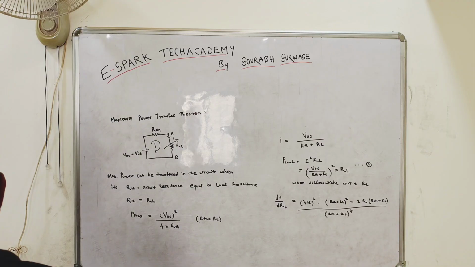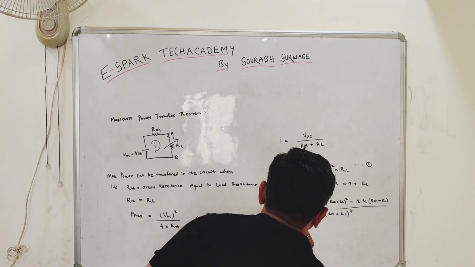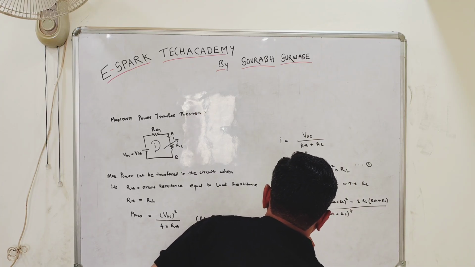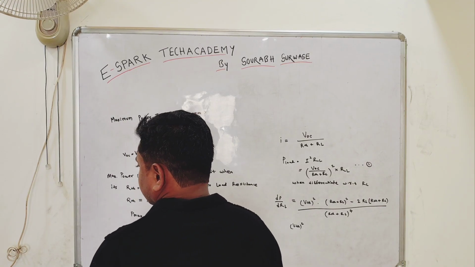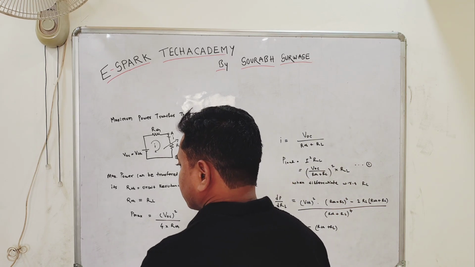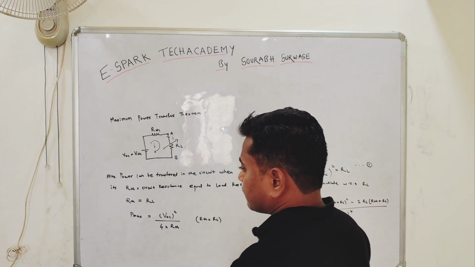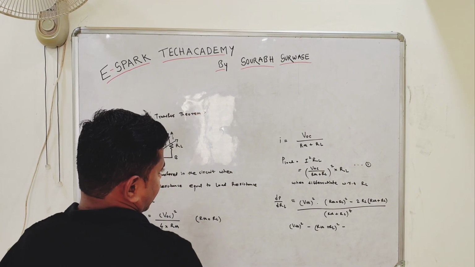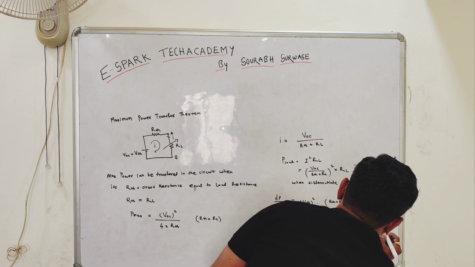When you solve this, you will get VTH square into [(RTH plus RL) square minus 2RL (RTH plus RL)] is equal to 0.